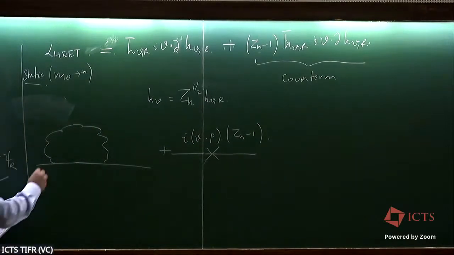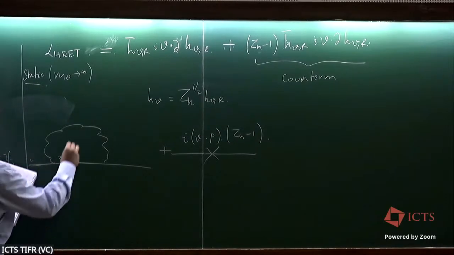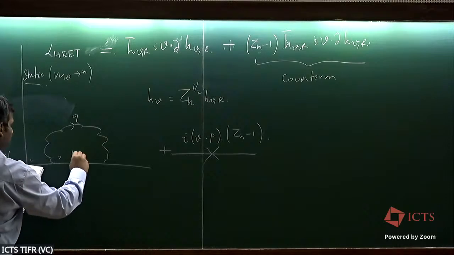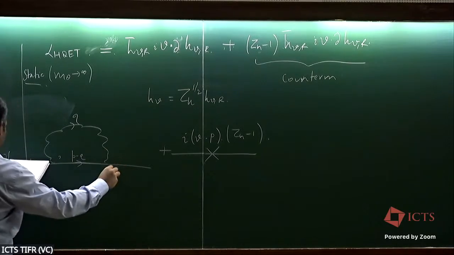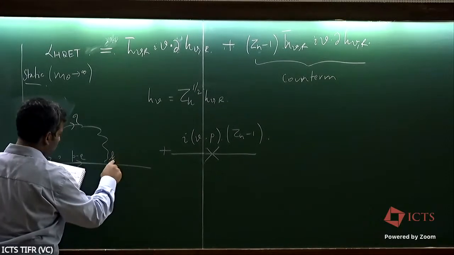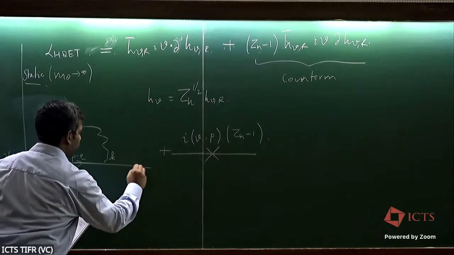And this is my heavy quark going in, with i, p, so j, q, this is p minus q, and this is the spin index that I'm trying to write, this is p, the momentum.